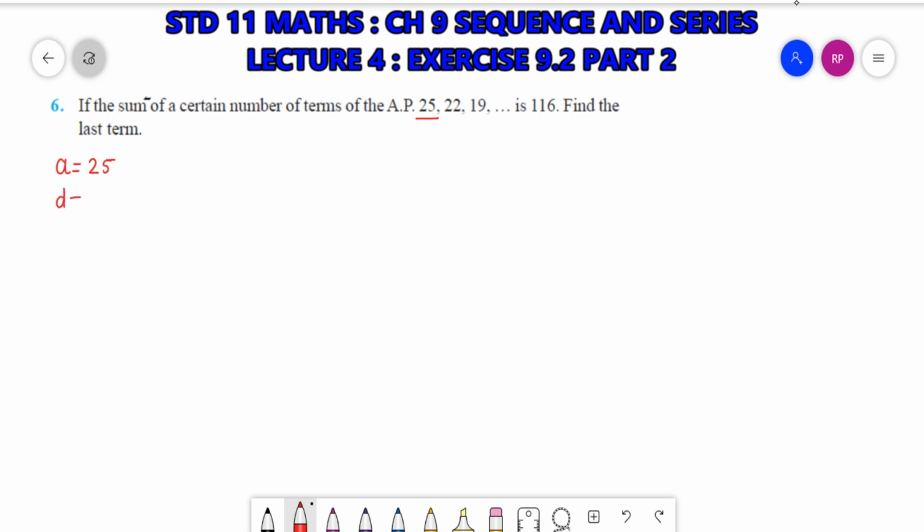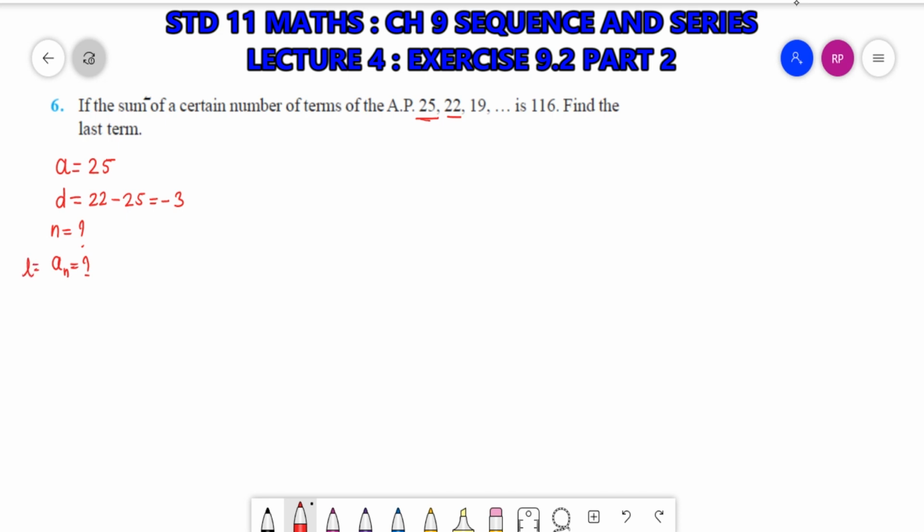The difference d is equal to 22 minus 25, meaning the difference between two consecutive numbers, that is equal to minus 3. Now, see, we have to find out the last term. For that, we have to find out the position of the last term, meaning we have to find out the value of n. So first we'll find out n, and then we'll find out an, that is the last term.